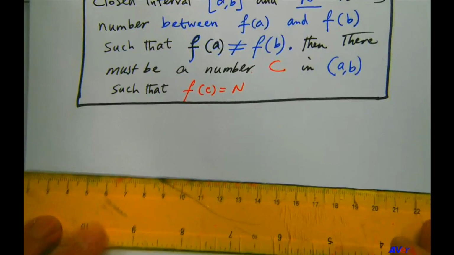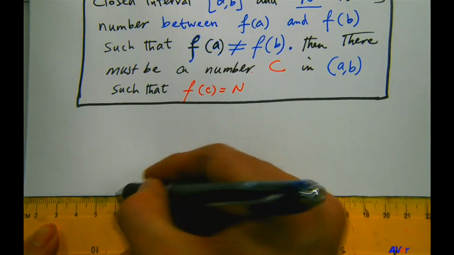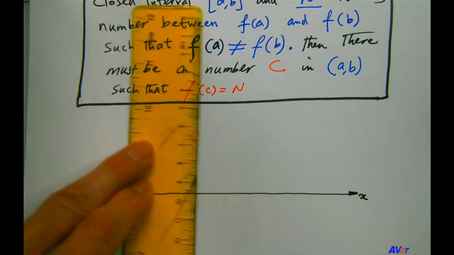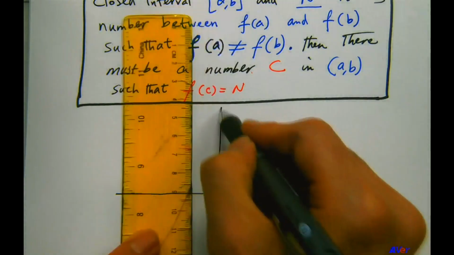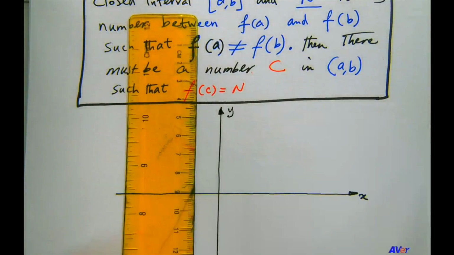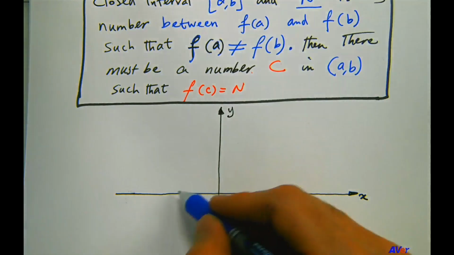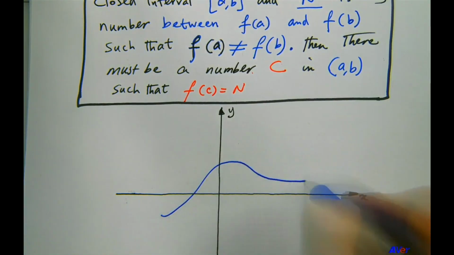And it only applies to continuous functions. So suppose we have this graph that does something like this. Something like that.